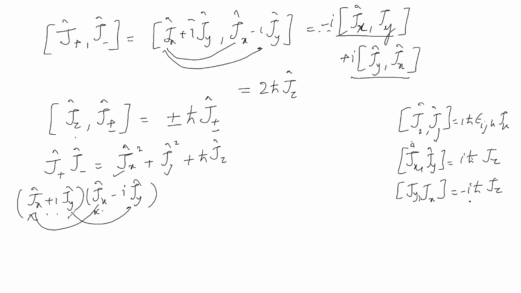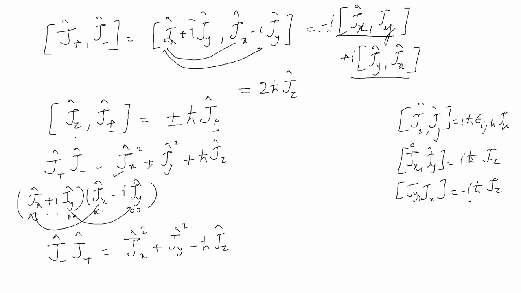Therefore, we have from here Jx square plus Jy square, and then you have the commutator of Jx and Jy, and that will give you ħ Jz. Similarly, J minus J plus will be equal to Jx square plus Jy square minus ħ Jz.